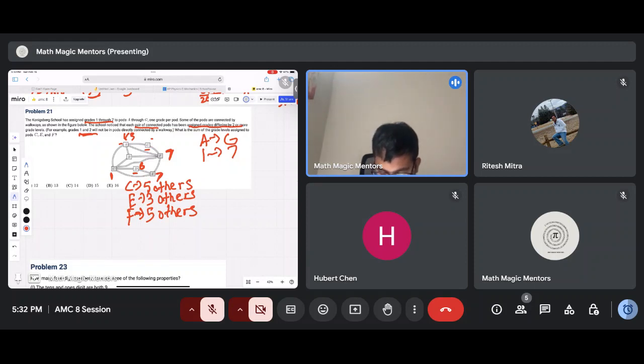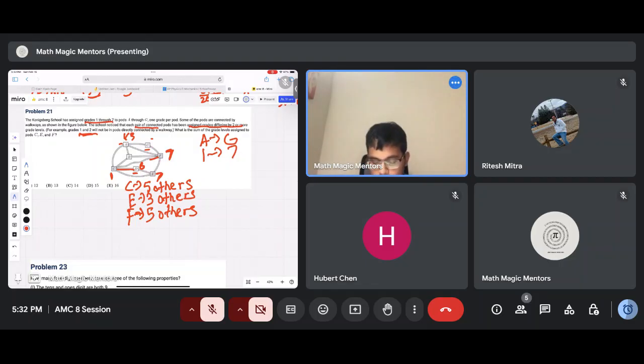So you see that D is the only pod that's not connected to F, right? So that means D must be six, as I wrote here, because if you're not connected to F, then you must be six. Otherwise, that'll contradict.